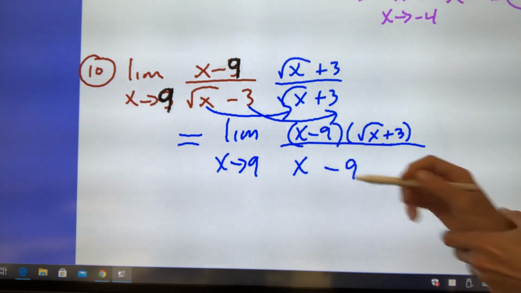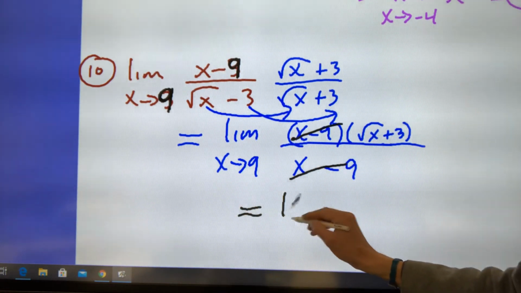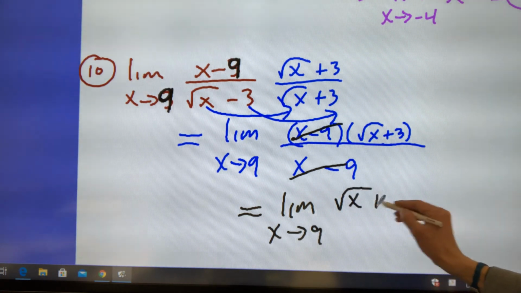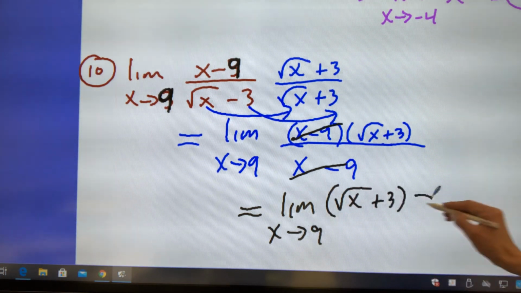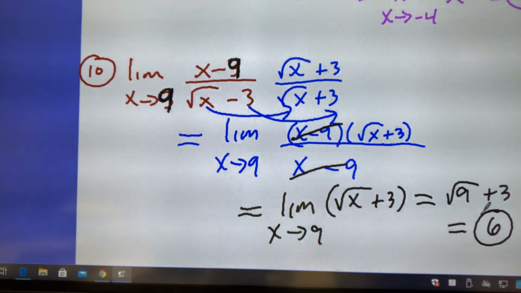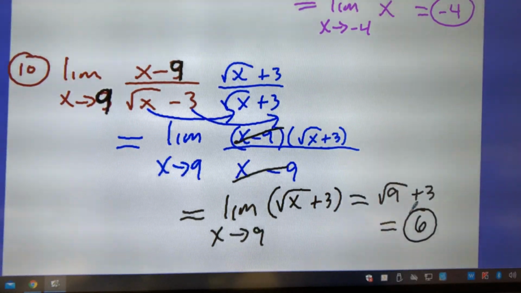Notice how I continue to write the limit as x goes to 9 of root x plus 3. I can plug 9 in for x. 3 plus 3 is 6.